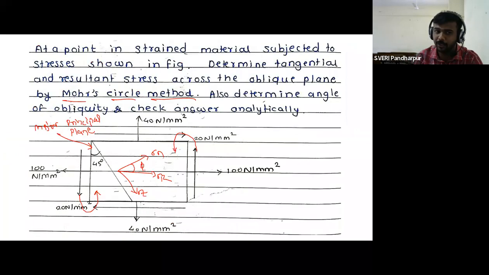Point A represents the position of sigma x, the major principal plane. Correct? Sigma x acts on which plane? On the major principal plane. Similarly, point B represents sigma y, and it is applied on which plane? Minor principal plane. Getting?